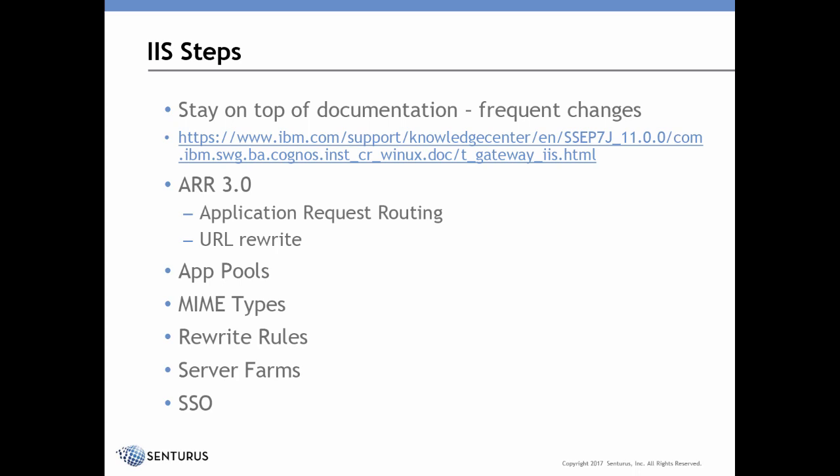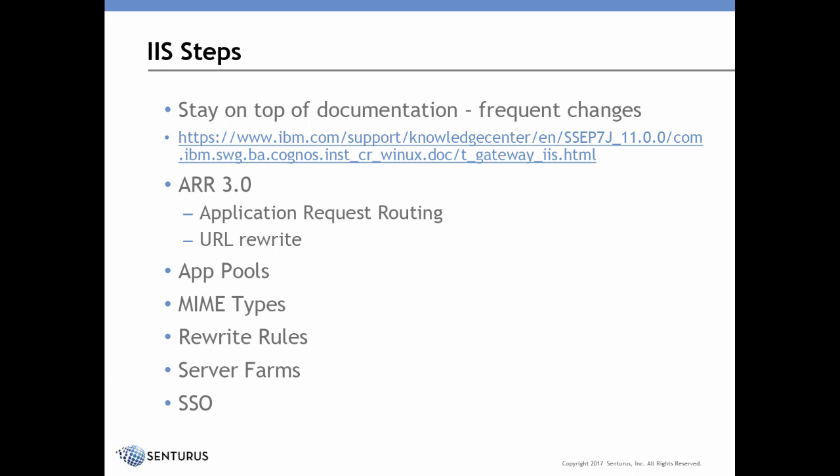It has changed significantly in Cognos Analytics. If you haven't been exposed to this yet, I suggest you take a look at the link I have posted in the deck here with the steps. It's several pages long. There are many things you need to do, including adding more features to the existing IIS installation that comes with Windows Server.